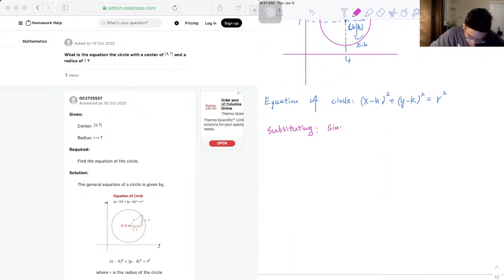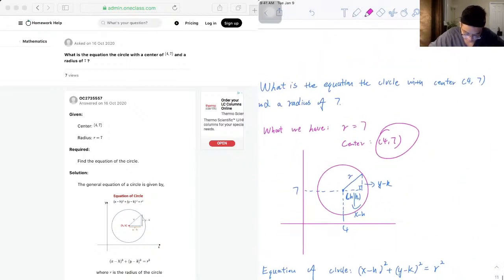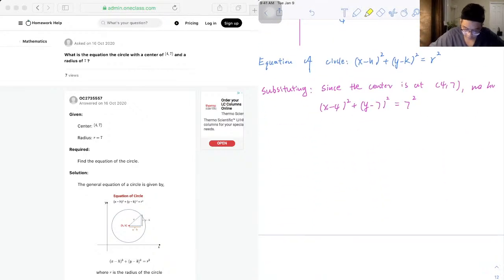So we know our center is 4, 7. So since the center is at 4, 7, we have x minus 4 squared plus y minus 7 squared, which is equal to r squared, and given that the radius is 7, so that's where the 7 comes from.